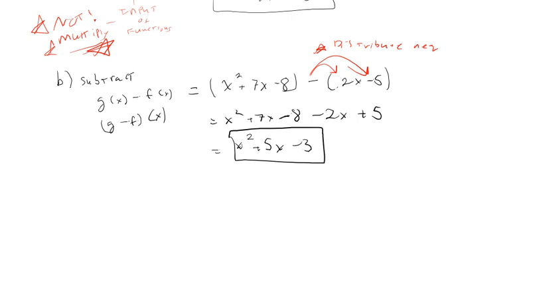Let's do next. Let's multiply. So we're going to take, again, multiplication is, you see it like f of x times g of x. You see them written next to each other. Sometimes there's a dot between them. Sometimes there isn't. You can also just say f times g with a dot.